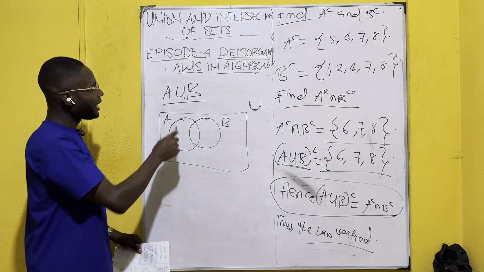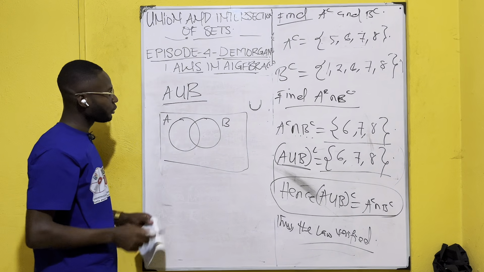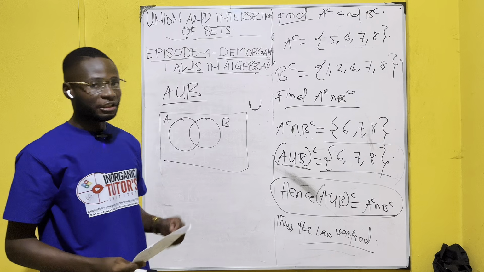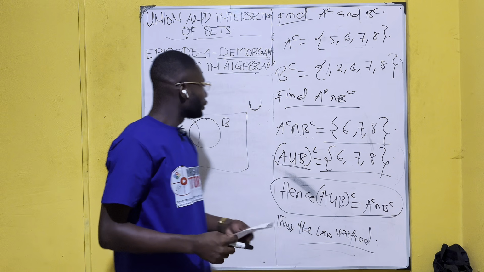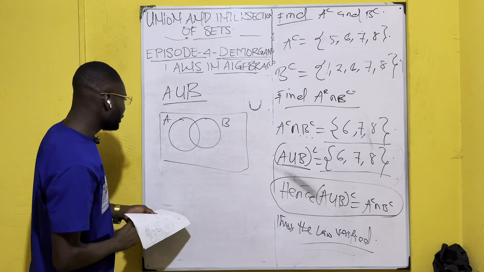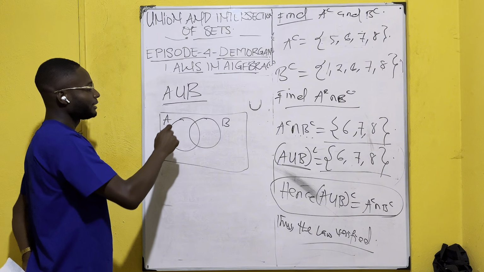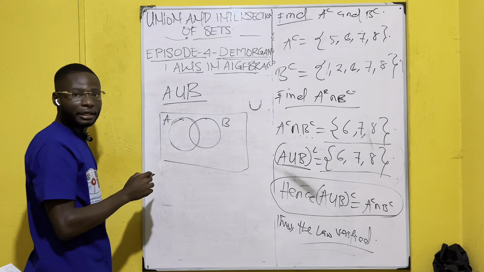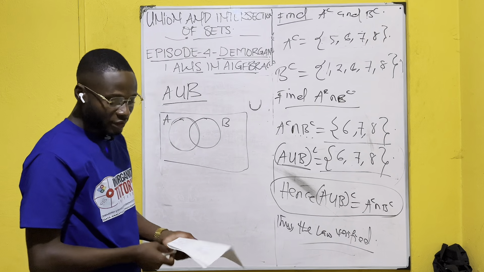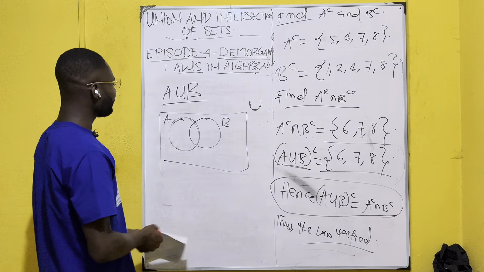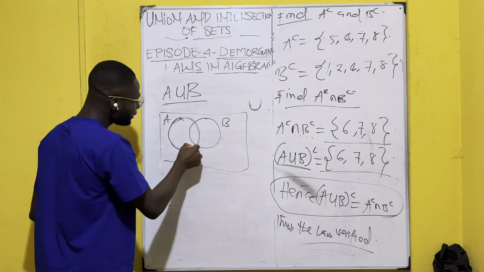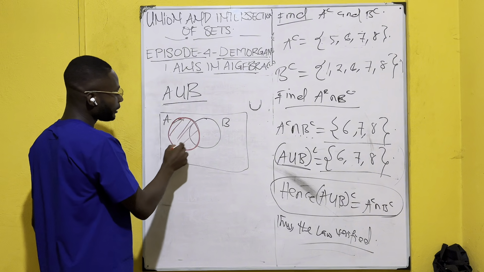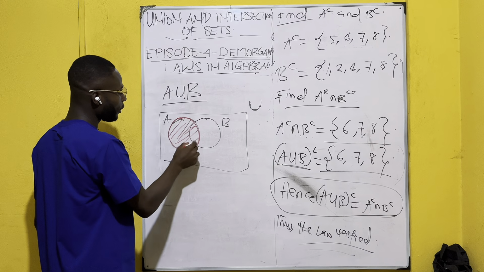Now we want to find A union B. So how do you shade A union B in the diagram? A union B basically means that this whole set is for A, so we can shade all of this.